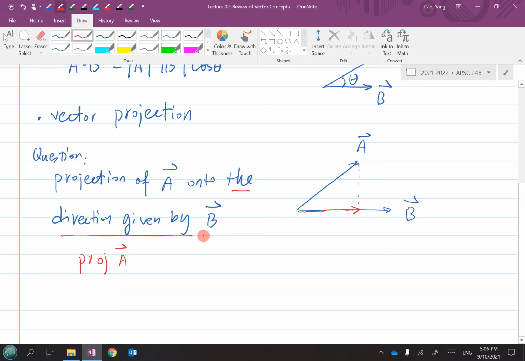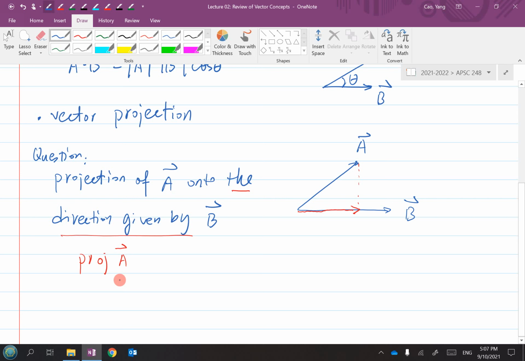If you recall, in the previous lecture, we covered a simple concept called unit vector, and we mentioned that the unit vector will be used for the direction. Every vector has two components, length and direction.